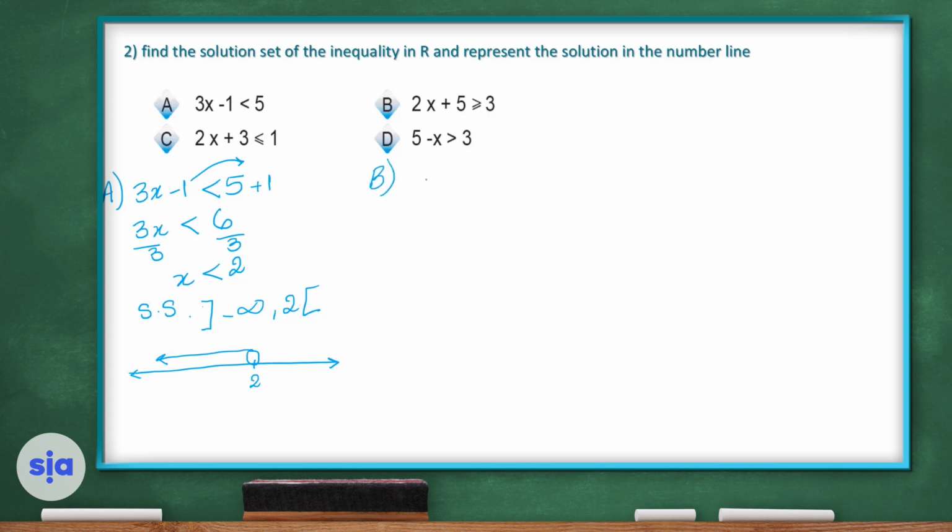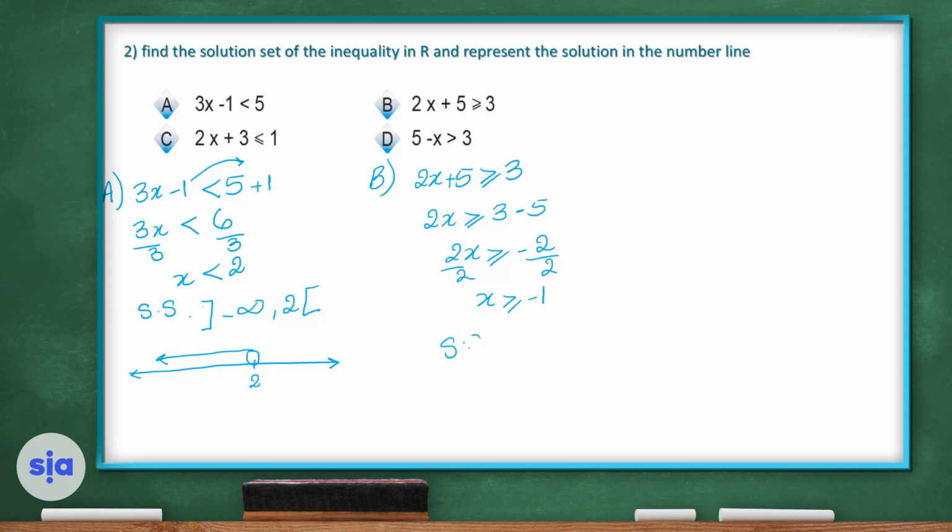Question B, 2x plus 5 is greater than or equal to 3, then 2x is greater than or equal to 3 minus 5, so 2x is greater than or equal to negative 2, divided by 2, divided by 2, then x is greater than or equal to -1.